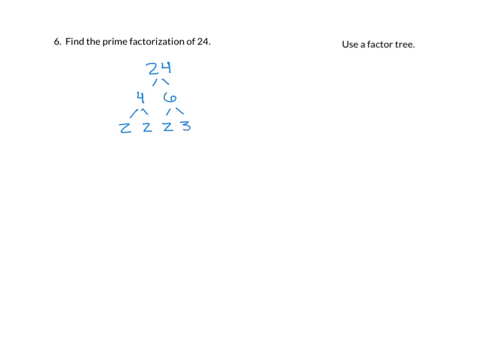Now all of these new numbers are prime numbers, and so we do have our prime factorization. 24 is equal to 2 times 2 times 2 times 3, or we can write with exponents, 2 cubed times 3.